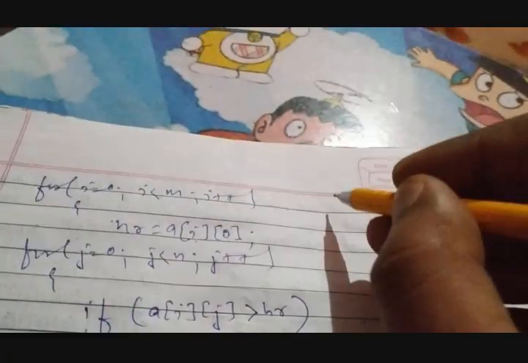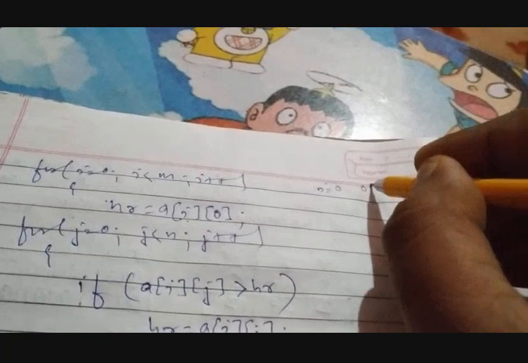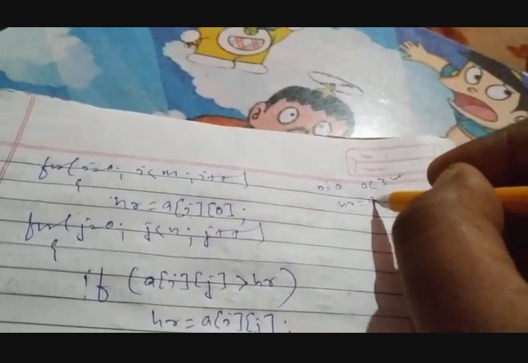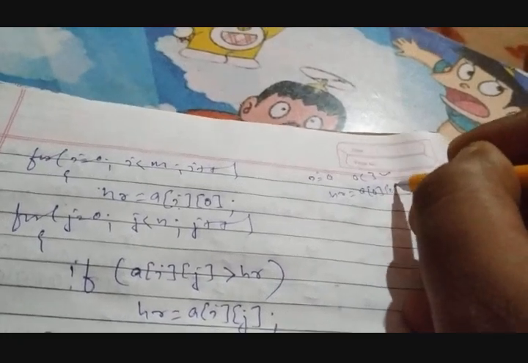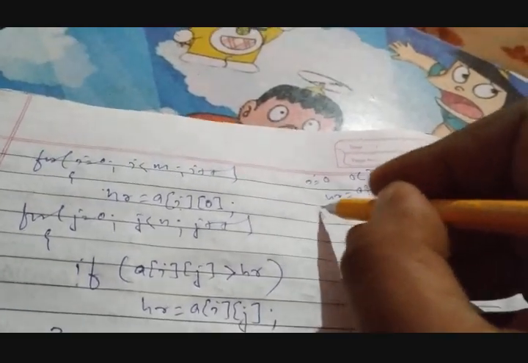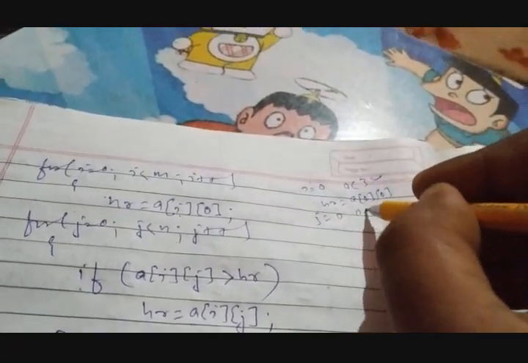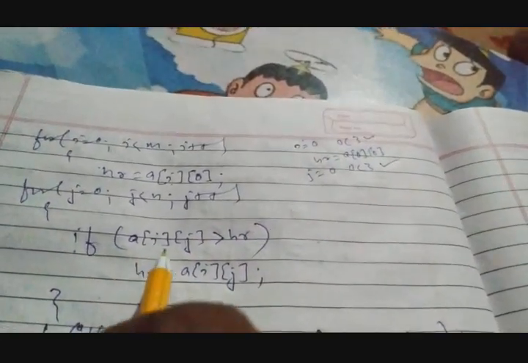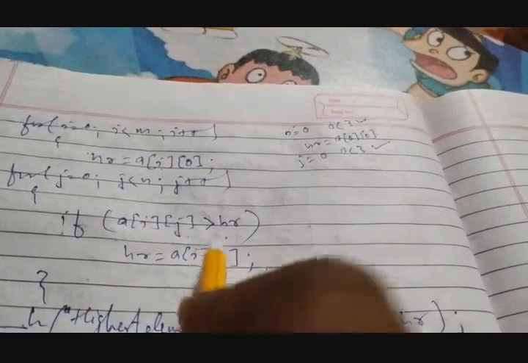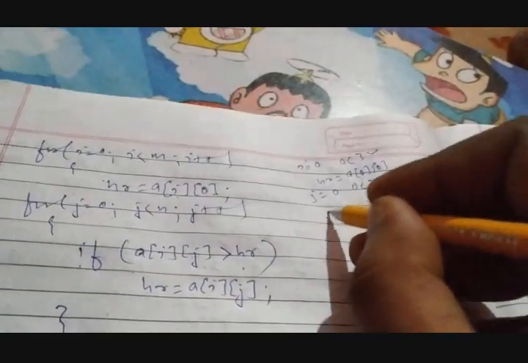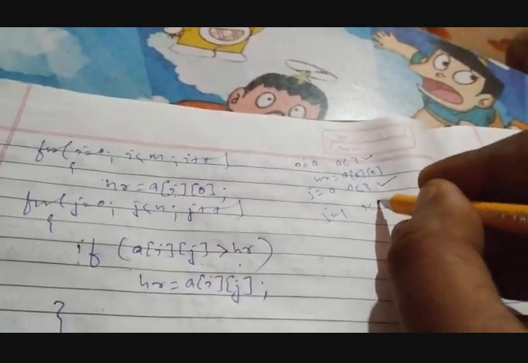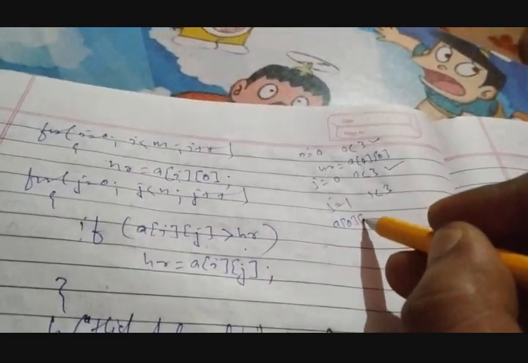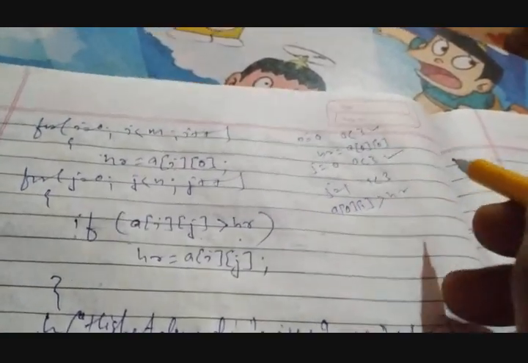Now let's have a look. i equals 0, 0 less than 3, true. So HR equals A of 0 0, and j equals 0, 0 less than 3, true. So A of 0 0 greater than HR, okay. Then j value changes to 1, 1 is less than 3. So A of 0 1 is greater than HR.